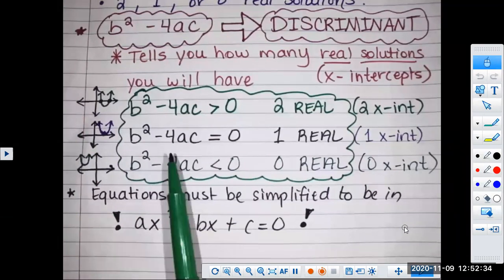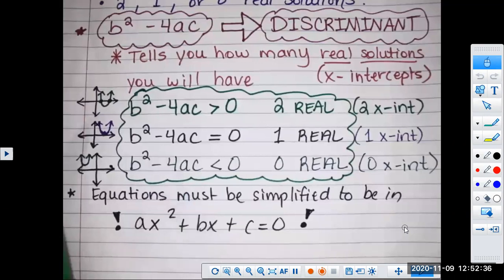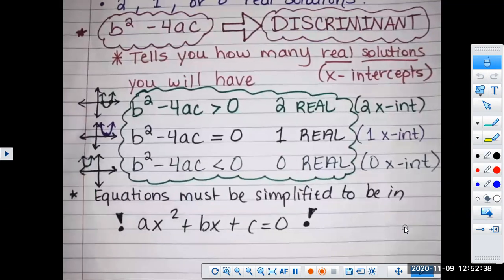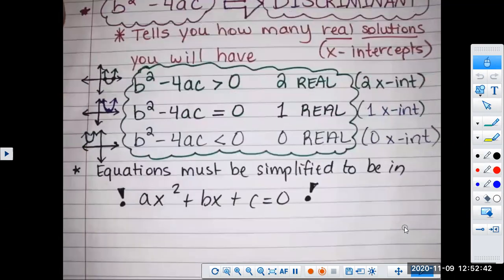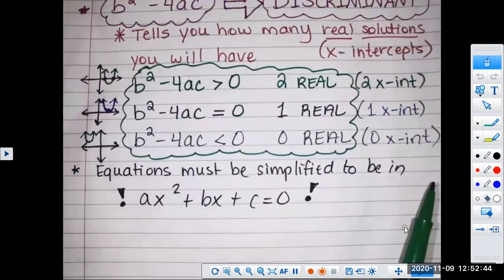If that discriminant is negative, it will not even touch the x-axis anywhere. And I've already told you that bottom part, your equations must be simplified and be set equal to 0 before you can apply the quadratic formula.